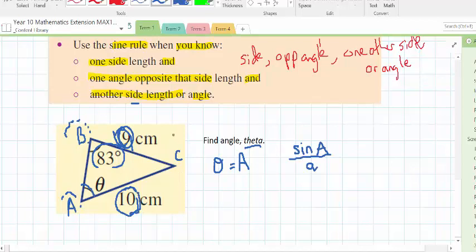We don't know anything about C, so I'm not going to include it. I don't need to. So that's the version of the formula that's going to be the nicest for us.